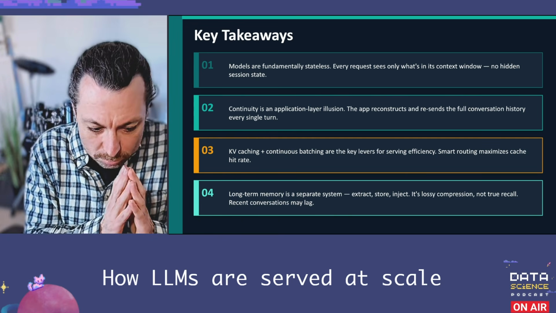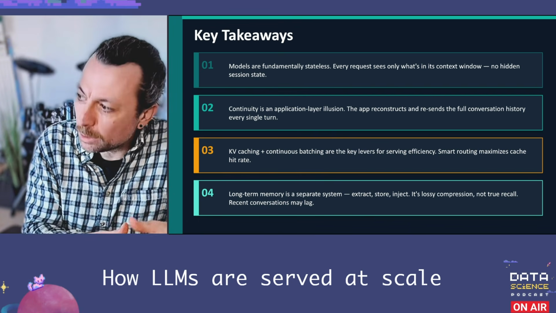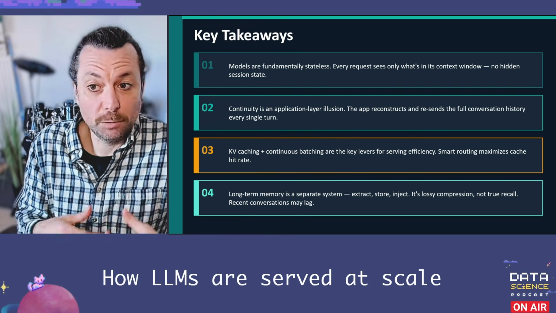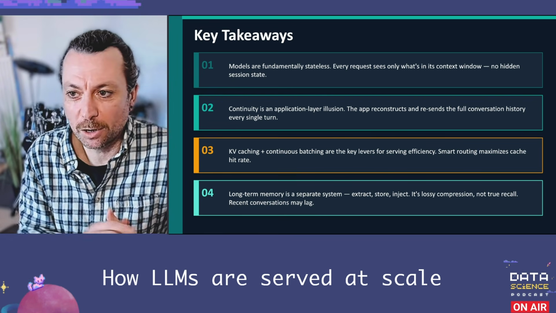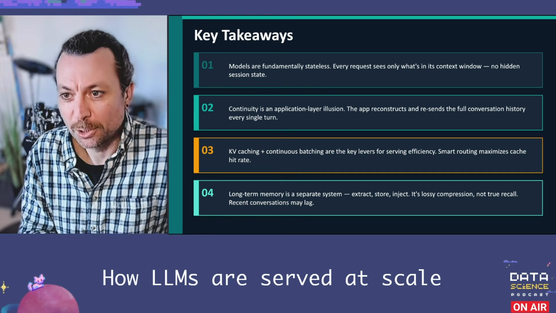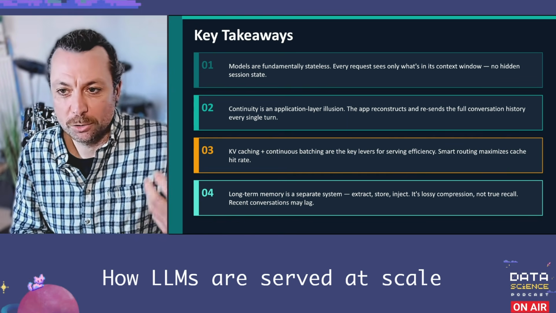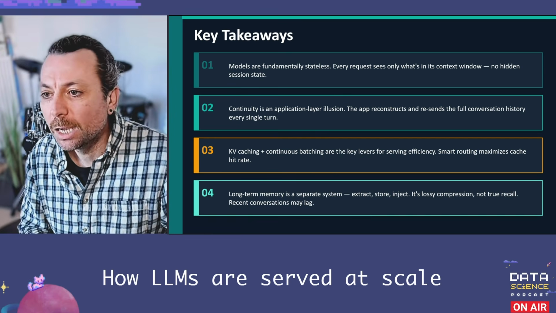There is no hidden session state, okay? That context window, of course, has to be populated with something if you're not explicitly writing that, and that's the magic of the application layer illusion, which is indeed filling in that context window from your past conversation or conversations.